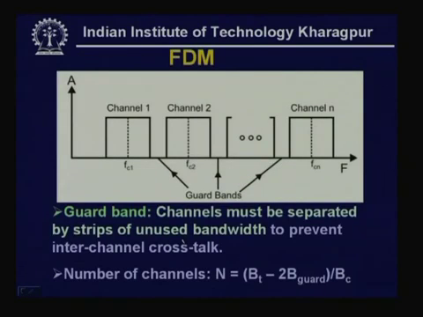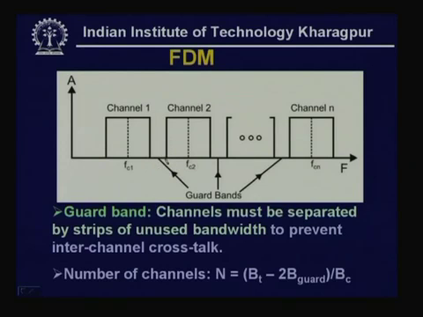Now we already know that you have to use guard bands in between the frequency bands of a pair of adjacent channels. So channel 1 and channel 2, these two are adjacent channels, so their carrier frequencies are FC1 and FC2.